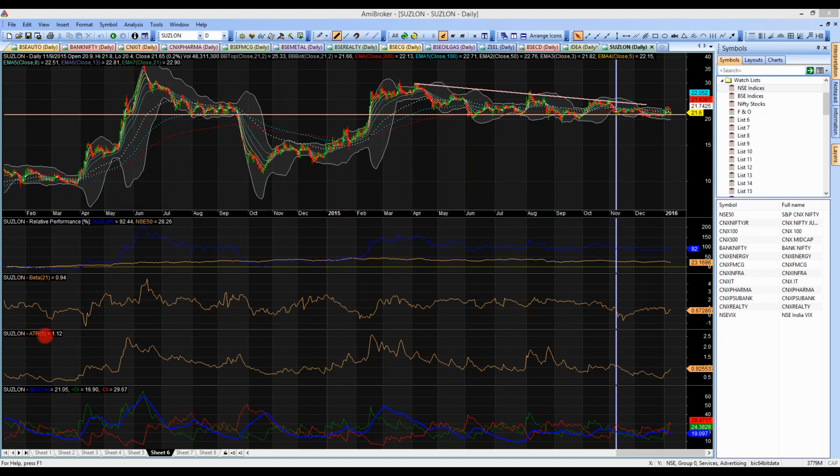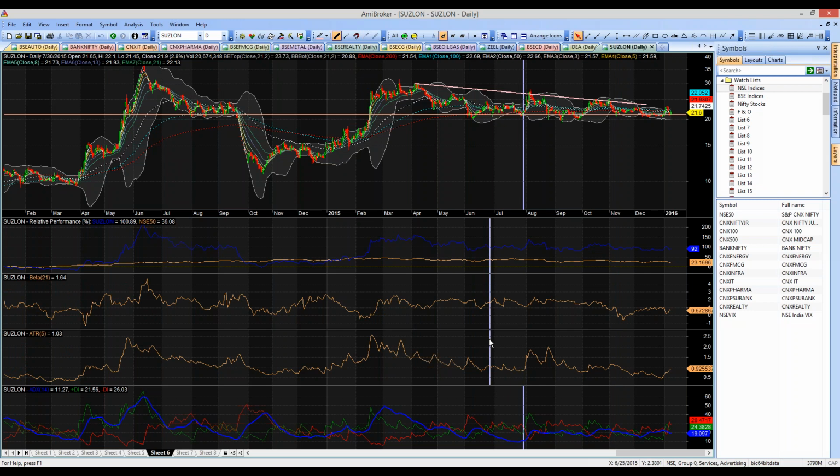The third indicator is ATR, average true range. As you already know, ATR is the average true range, and this is basically for those of us who want to use ATR as a way of setting stop losses, or to measure volatility in a sense, and how much the stock has suddenly moved or not moved, or whether it is moving, not moving, etc. So that's a study in itself.